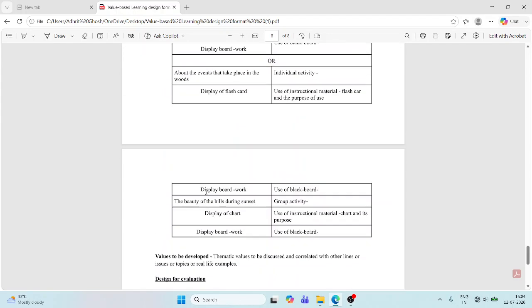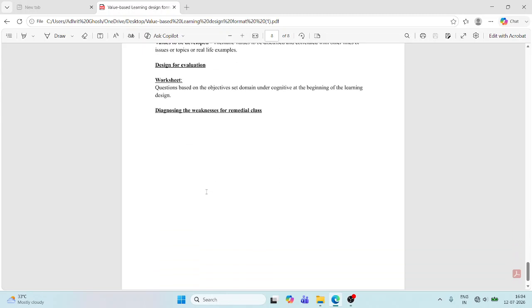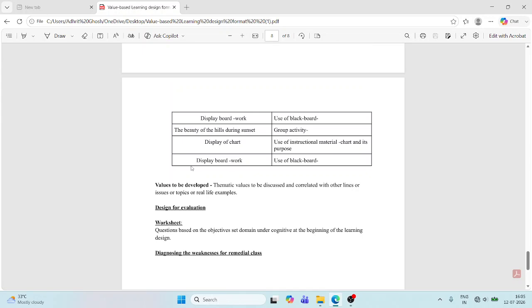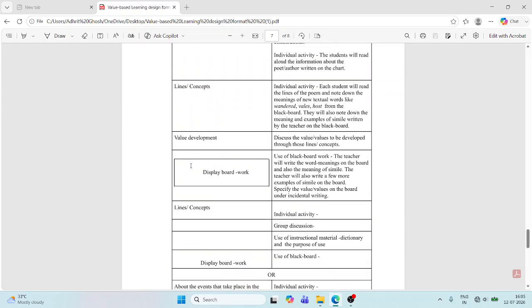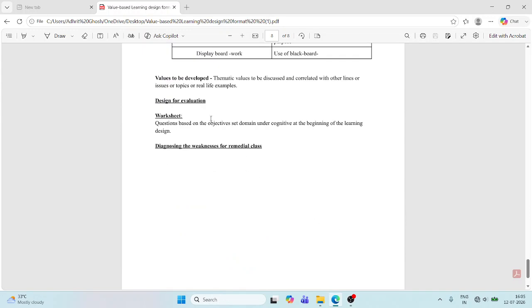All right, so in that case, design for evaluation, you do that, and then diagnosing weaknesses, usual weaknesses that you have, you mention those. So here there is not much of a difference, or at the most what you can do is that you can just mention in the last part, in the evaluation part, that the objectives related to evaluation of the affective domain will be done only through observation.